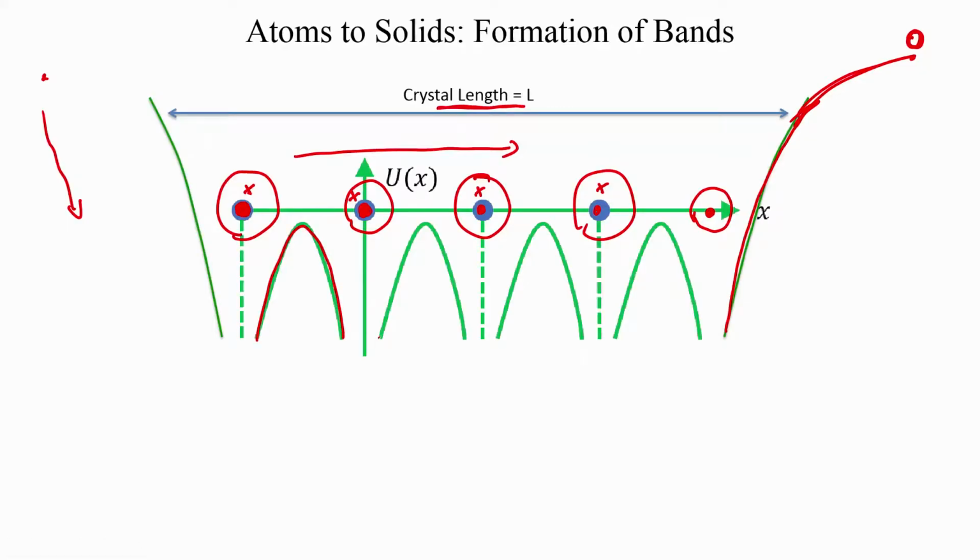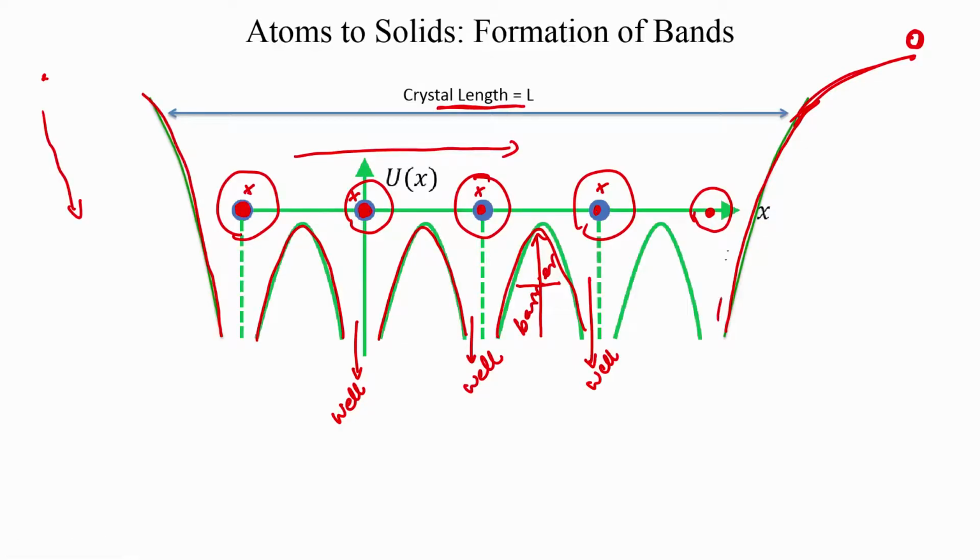You have a periodic arrangement of potential wells, and you also have a kind of barrier between these different wells. You also have a periodic barrier between these different wells, and it's only at the edge of the crystal that the potential profile expands out in this particular manner.